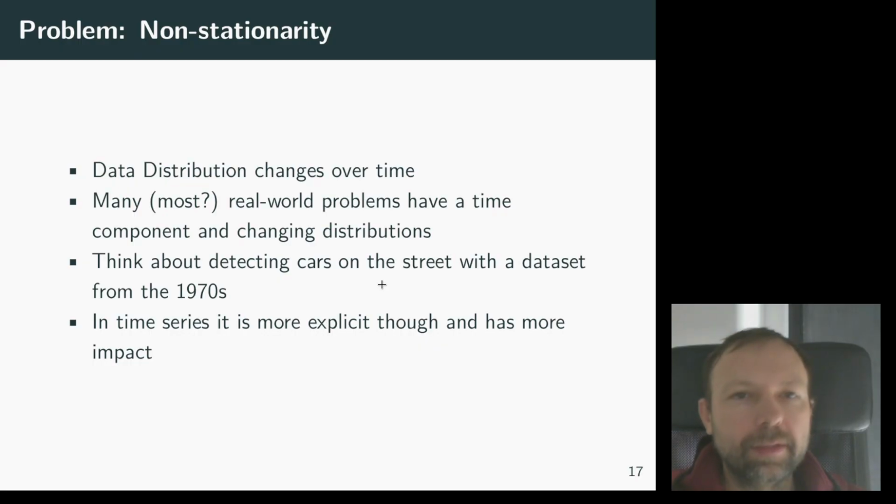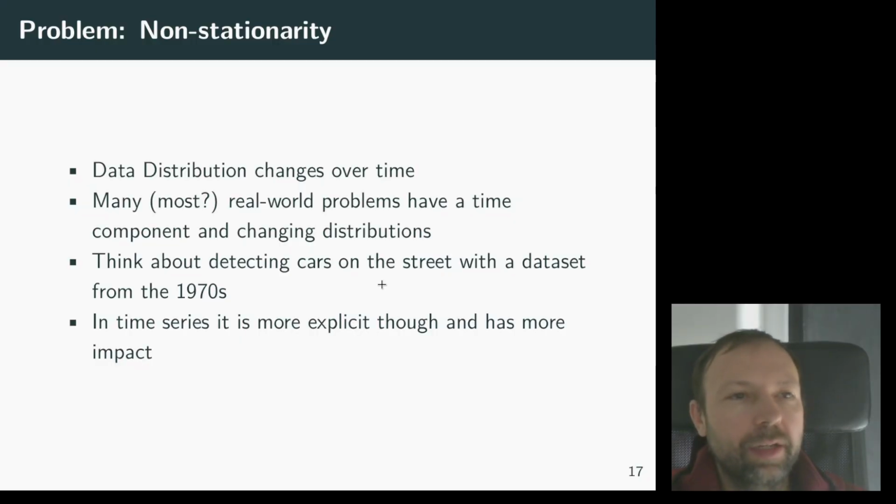Okay, so quite straightforward if we do autoregression, but the problem is what to do with non-stationarity, right? So the data distribution will change over time. And this is not a problem only of forecasting. I would even argue many or even most real-world problems have a time series component and changing distributions. So just think about detecting cars on the streets, which is a machine learning problem, but not a time series problem.